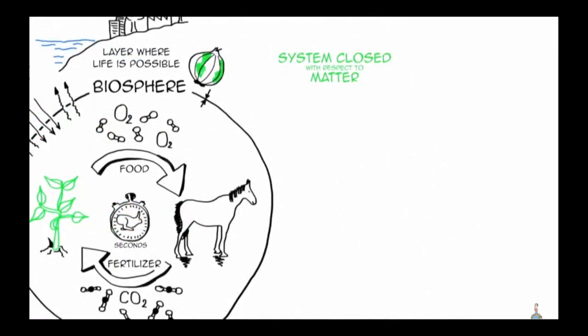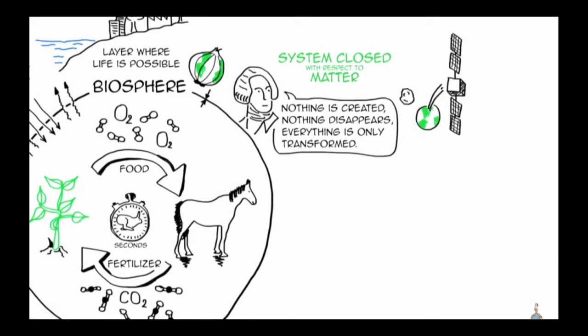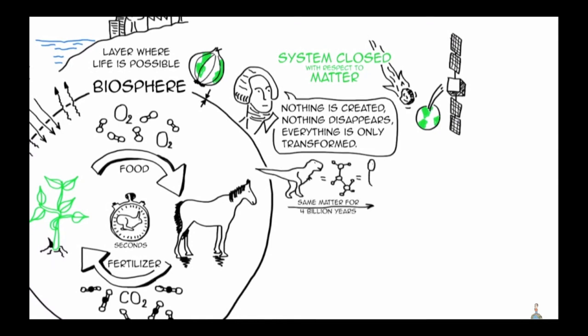So maybe you remember this very famous phrase from Lavoisier that says, nothing is created, nothing disappears, everything is only transformed. This is also known as the law of conservation of matter, and it means that except for a few satellites and meteorites, all the matter that was on Earth 4 billion years ago is still here today. It has changed form and the molecules have reorganized themselves, but it is still the same matter.